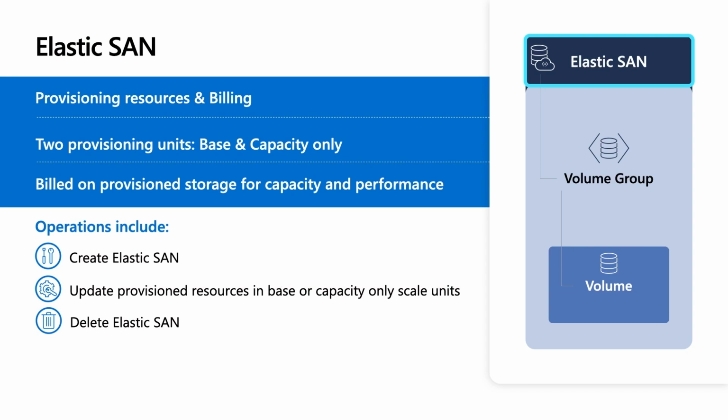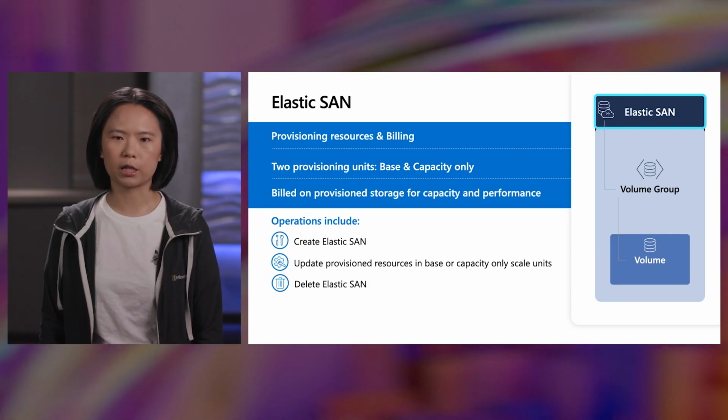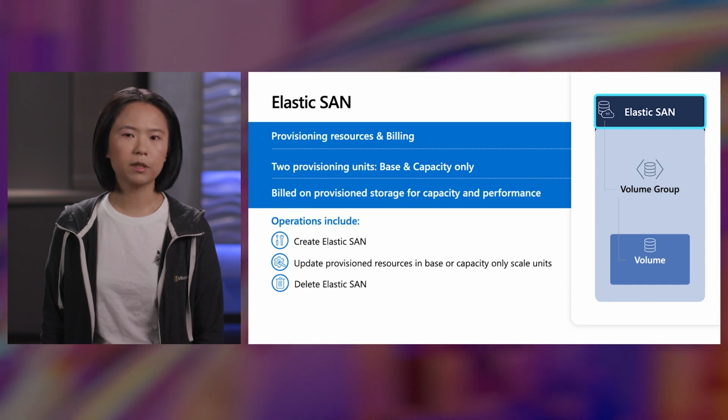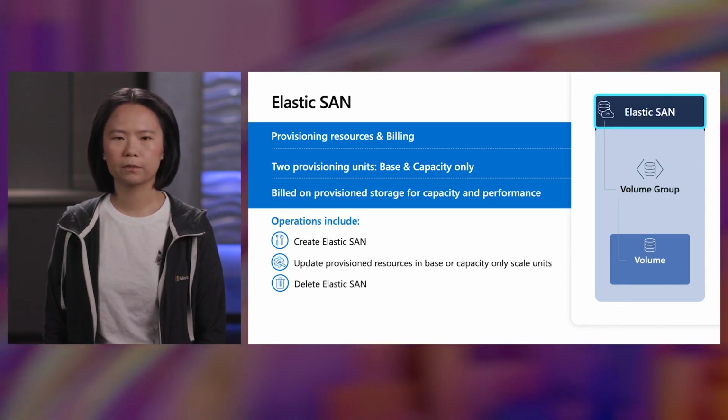Let's dive into the specific capabilities offered on each resource. When deploying an Elastic SAN, you start with the provisioning workflow on the SAN level. We offer 2 provisioning units for you to compose your SAN, base unit and capacity-only units. They are designed to offer a simple bulk provisioning experience while providing flexibility to grow your data footprint.